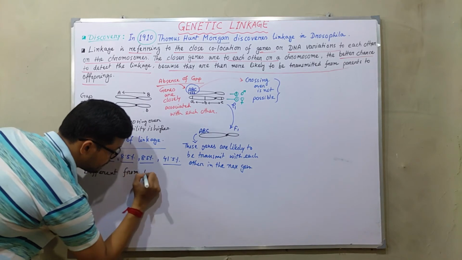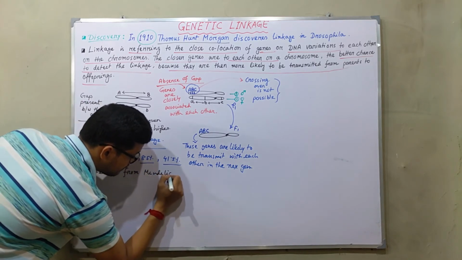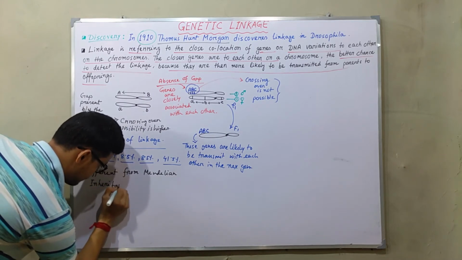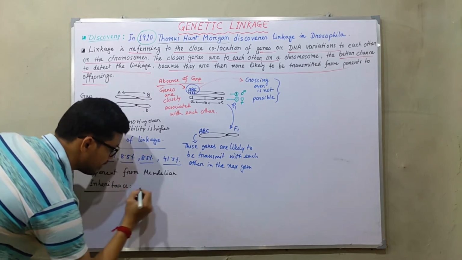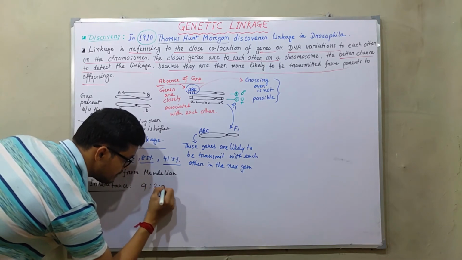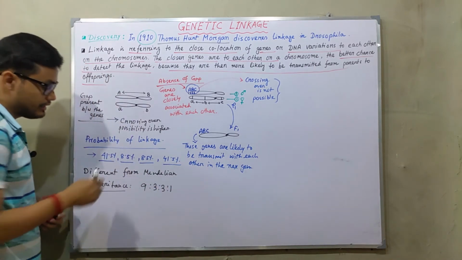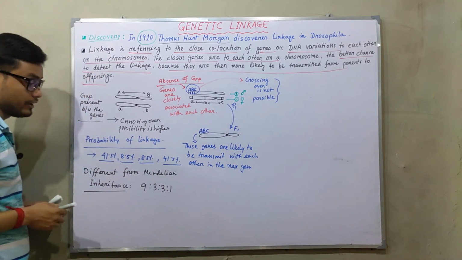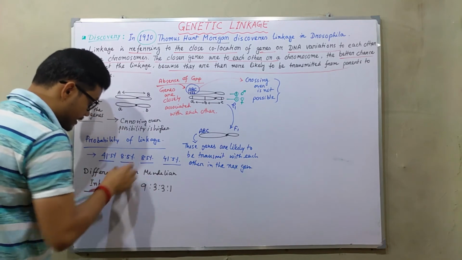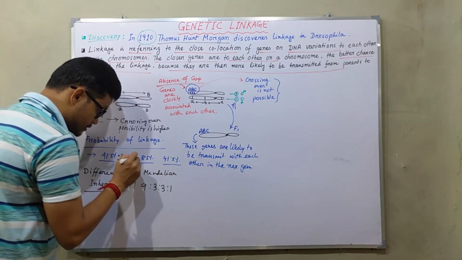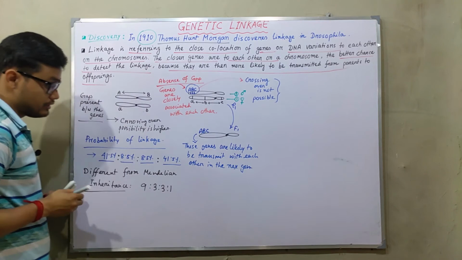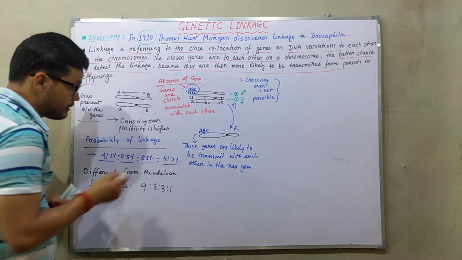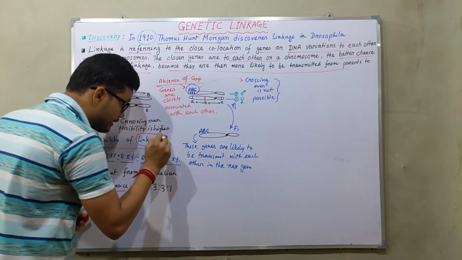In Mendelian inheritance we observe 9:3:3:1, but here we see 41.5:8.5:8.5:41.5. So these probabilities of linkage are definitely different from the probabilities of Mendelian inheritance.